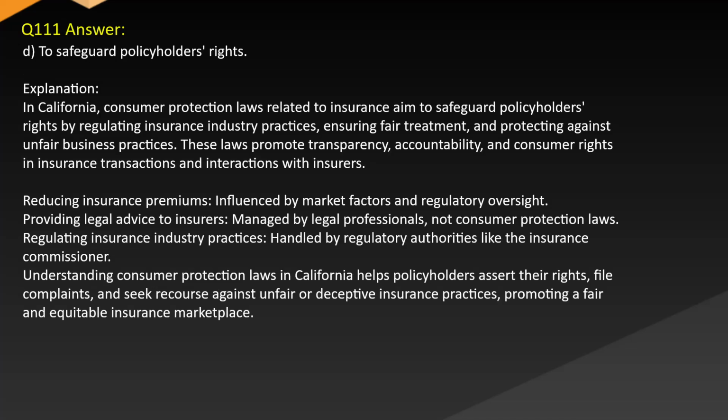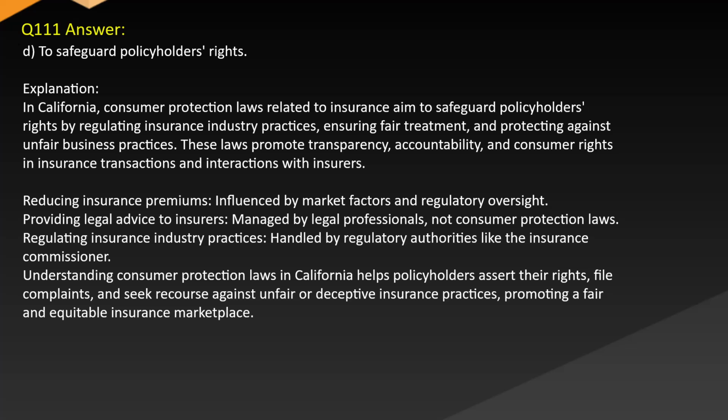Answer: D. To safeguard policyholders' rights. Explanation: In California, consumer protection laws related to insurance aim to safeguard policyholders' rights by regulating insurance industry practices, ensuring fair treatment, and protecting against unfair business practices. These laws promote transparency, accountability, and consumer rights in insurance transactions and interactions with insurers.